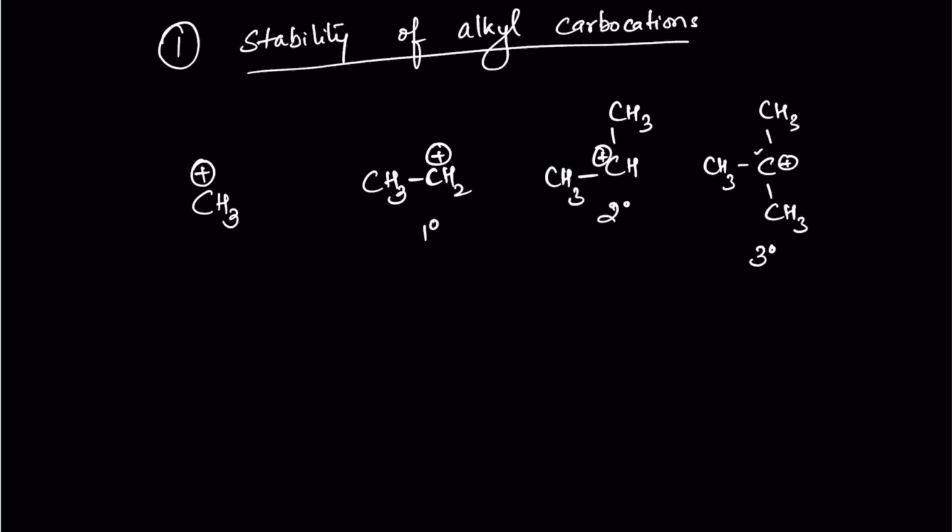How do we decide which carbocation is the most stable? Alright, so there is an important rule when deciding the stability of any species in organic chemistry. Whenever charge decreases, stability increases.